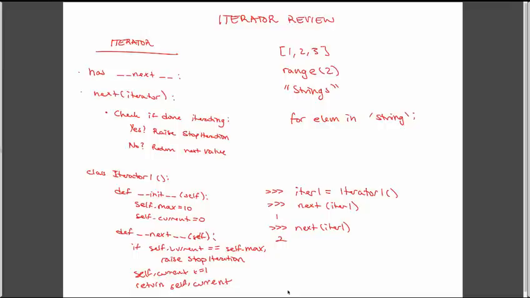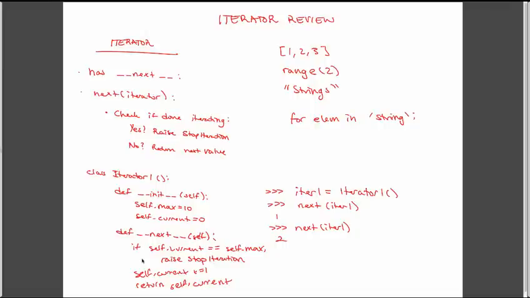This is going to keep happening until we're equal to 10. At that point, we're going to raise the StopIteration exception, and it's not going to continue to increment or return self.current. Okay, so I encourage you to play around with this. So this is one side of our iterator and iterable interface.